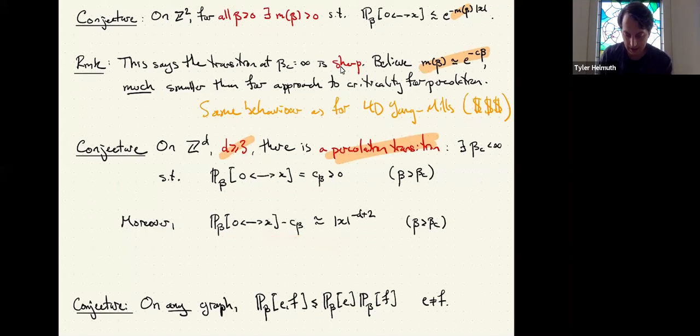And here again, for percolation, this is exponentially fast. So somehow the structure of what happens in the supercritical regime here is somewhat richer than happens in ordinary bond percolation.